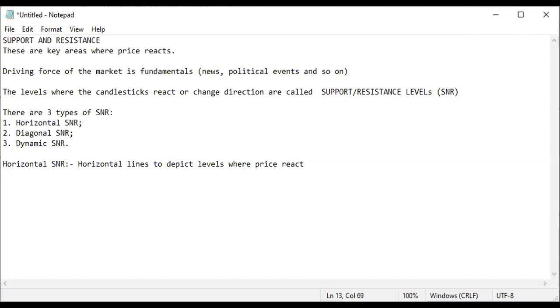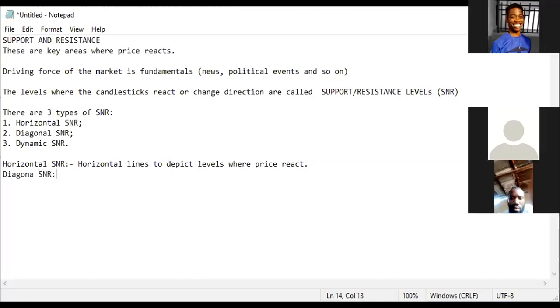Your diagonal lines, you can also call them trend lines, depict levels where price reacts.